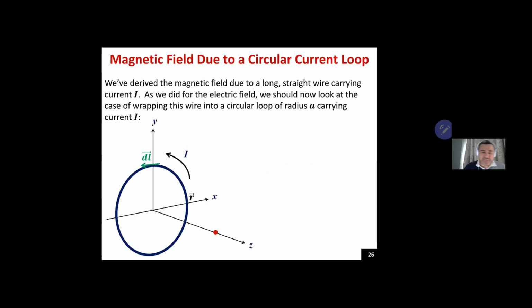Now let's look at the magnetic field equation for a loop. If we have the loop aligned on the XY plane, then I need to calculate the magnetic field right on the z-axis, where the z-axis is going through the center of the loop.